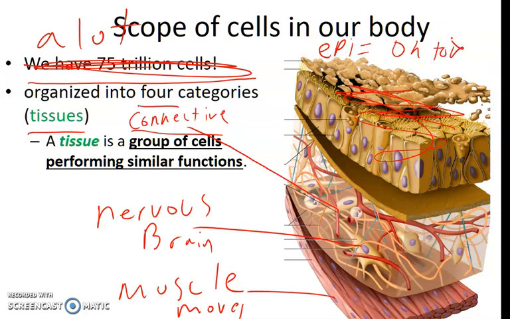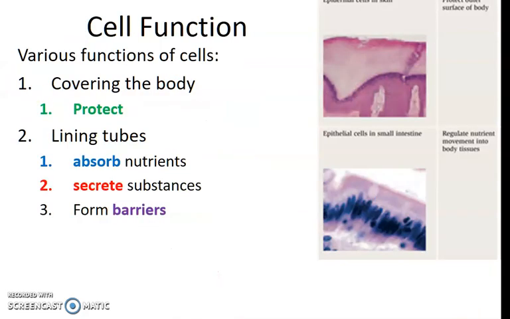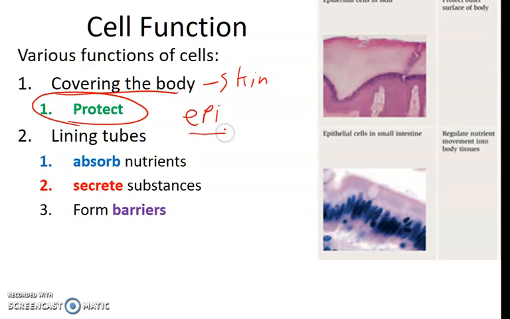So let us look at some of the functions of cells in our body. Why the heck are we studying cells? Well, first, they cover the body. That's your skin. It protects us. And that's made up of this epithelial tissue. Remember, epi is on top of. And it's also lining tubes.